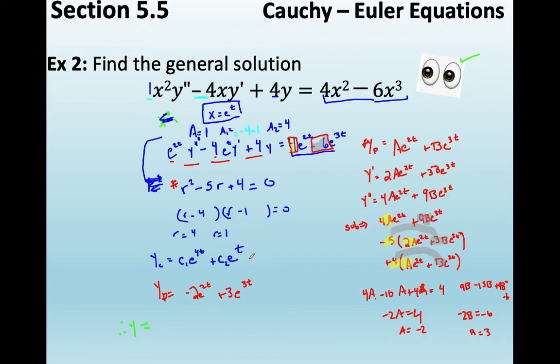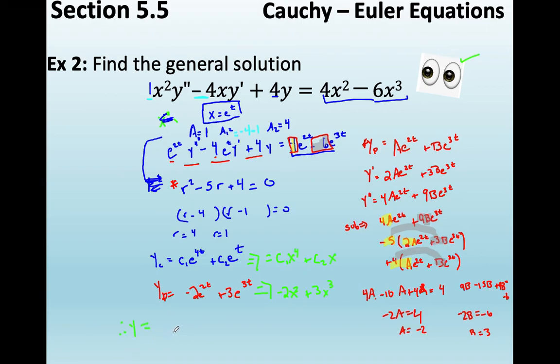Right, let's put back x. So y sub c is actually c1 x to the 4th, c2 x, and here we have negative 2 x squared and 3 x cubed.